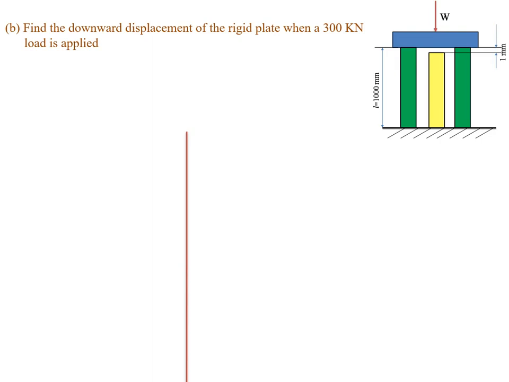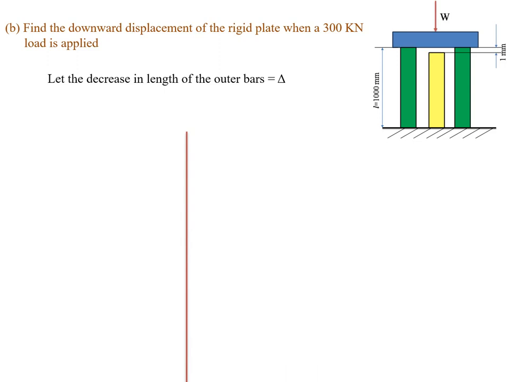Next we have to find the downward displacement of the rigid plate when a 300 kilonewton load is applied. Let us consider the decrease in length of the outer bar, that is the deformation of the outer bar, as delta. Then what is the decrease in length of the middle bar?